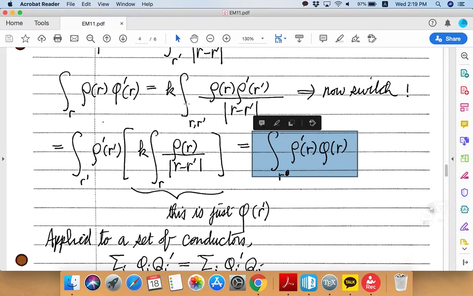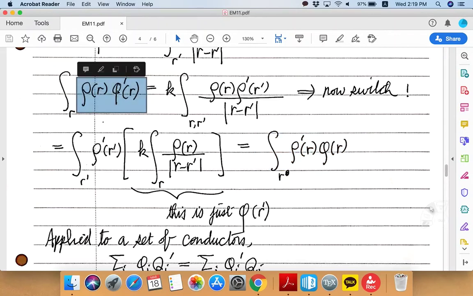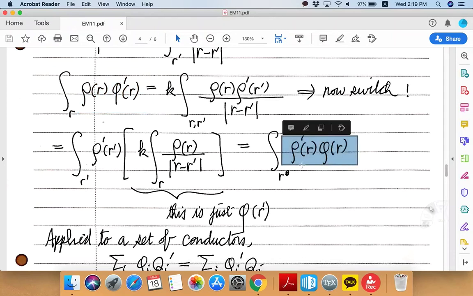So we begin with the expression which is an integral of rho and phi prime, but it turns out that's equivalent to the integral of rho prime and phi. Okay, so this is probably the simplest possible proof of any formula in physics that is actually useful.